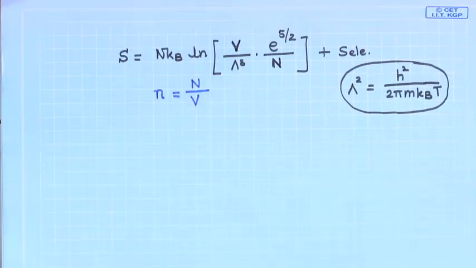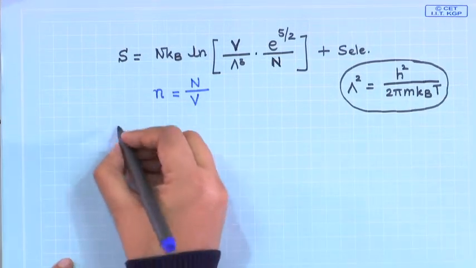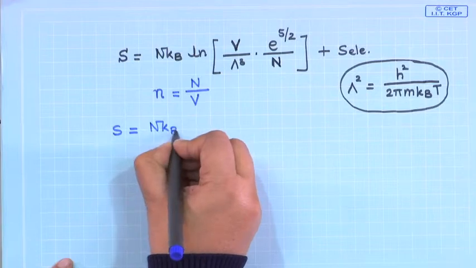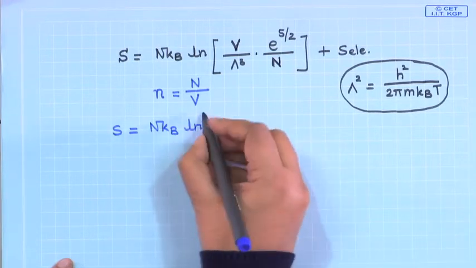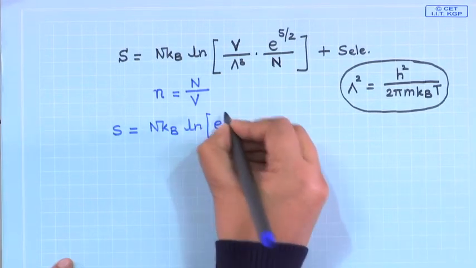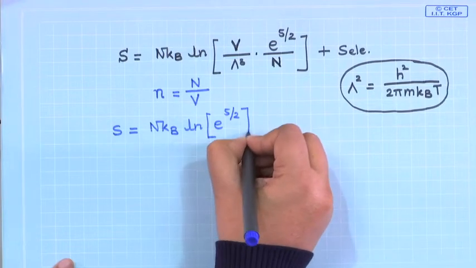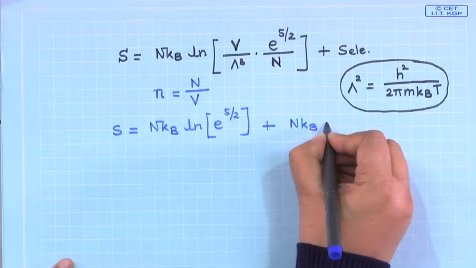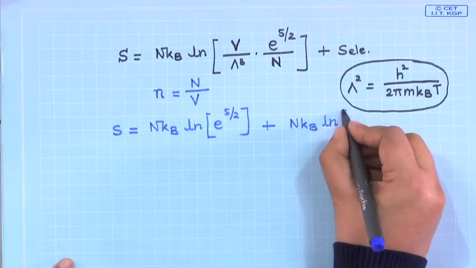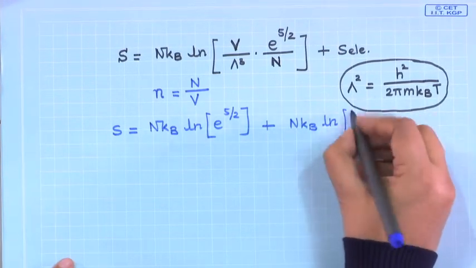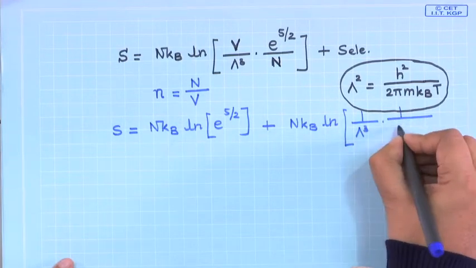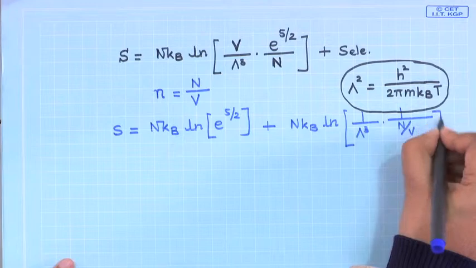If that is so, then I can rewrite the expression of S as n k_B ln e to the power of 5/2 plus n k_B ln of 1/λ³ into 1/(n/V).